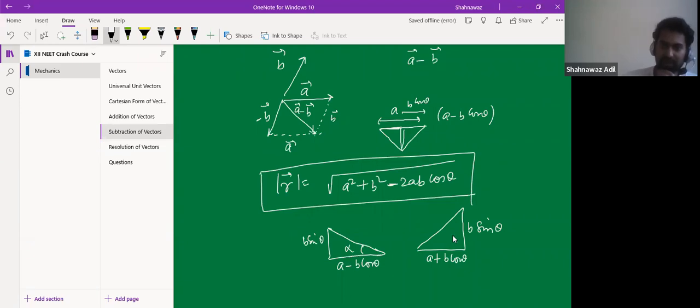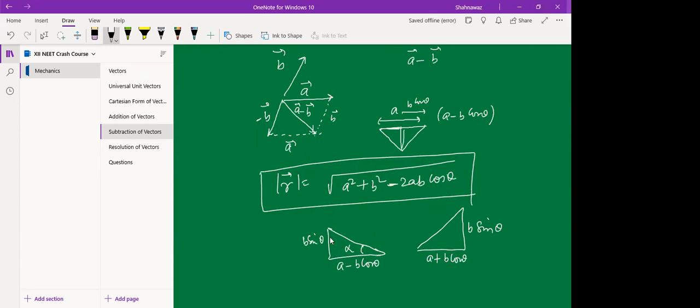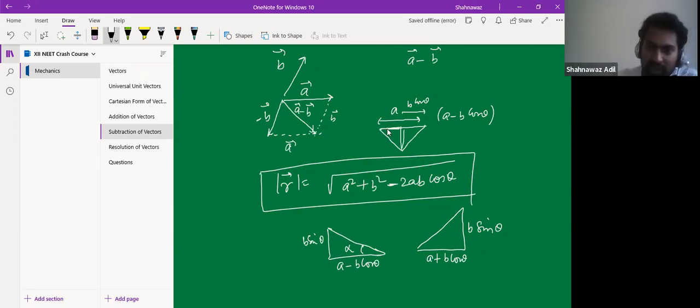For subtraction, the equivalent triangle is this, when you draw the perpendicular from here.